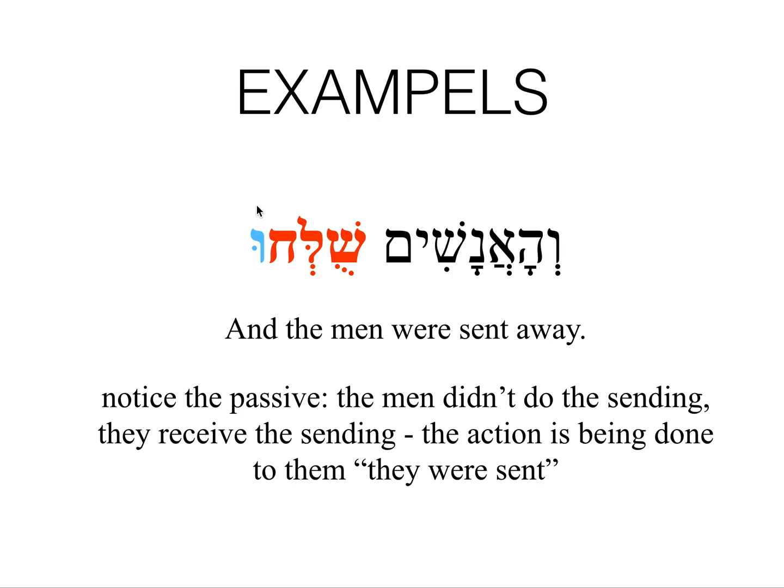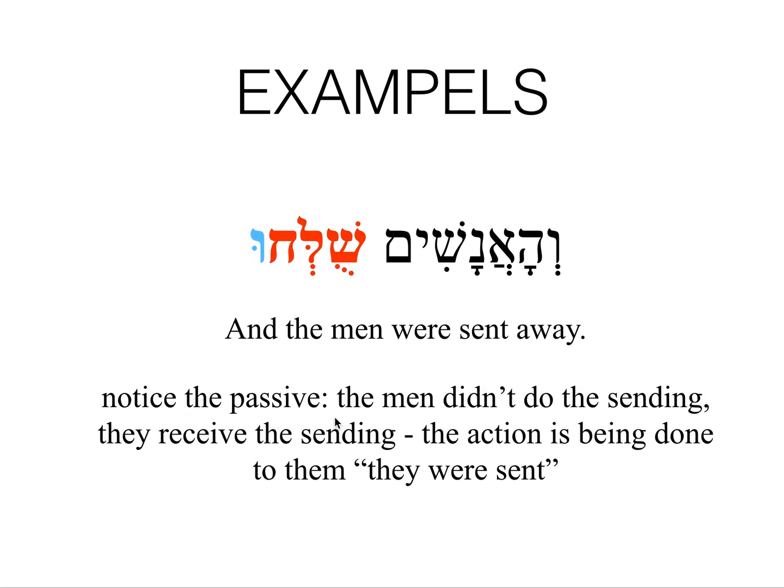So to translate it is they sent. However, then we have the vowels, and we see that this is U with the dagesh in the middle, so it's a pual, so it's a passive. So they didn't do the action, the action was done to them, so they were sent. And the subject we have here, ve'hanashim, and the men were sent.